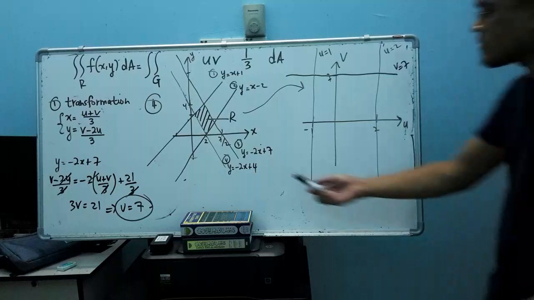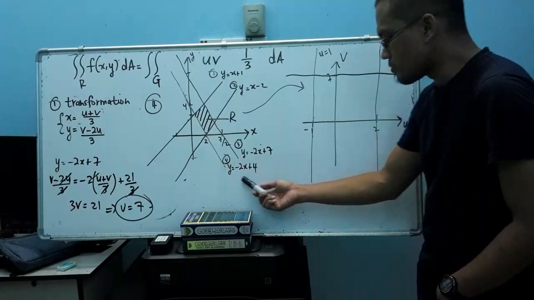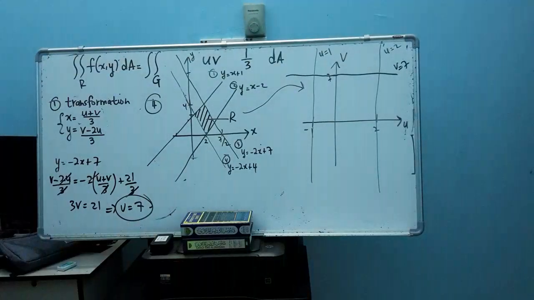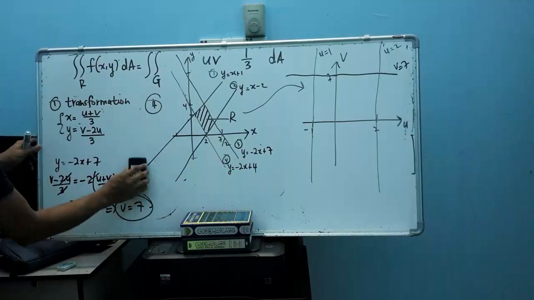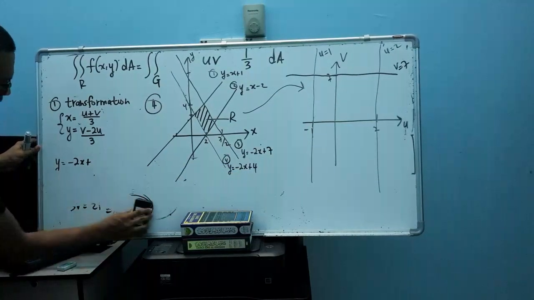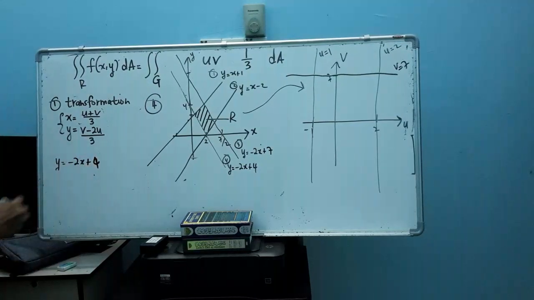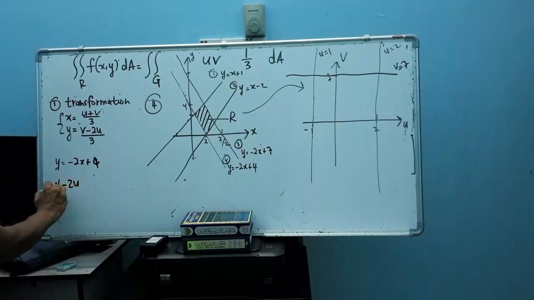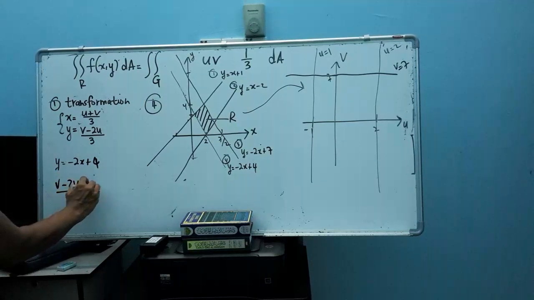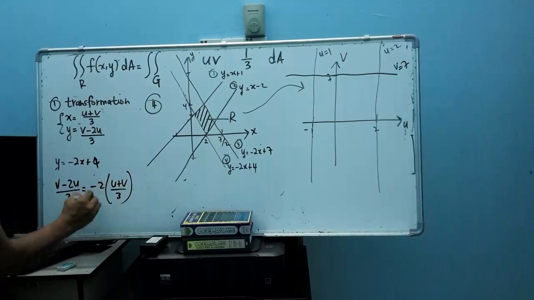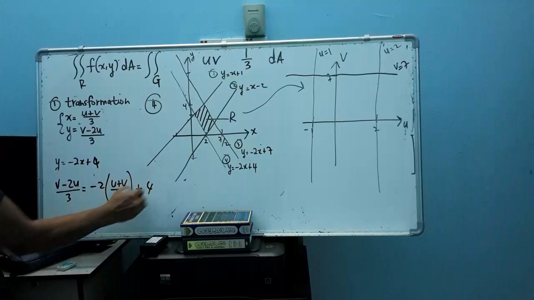And then the last one, of course, you need to transform this boundary here: y equals minus 2x plus 4. How to transform this one? I will have (v minus 2u) over 3 equals minus 2 times (u plus v) over 3, and then plus 4.